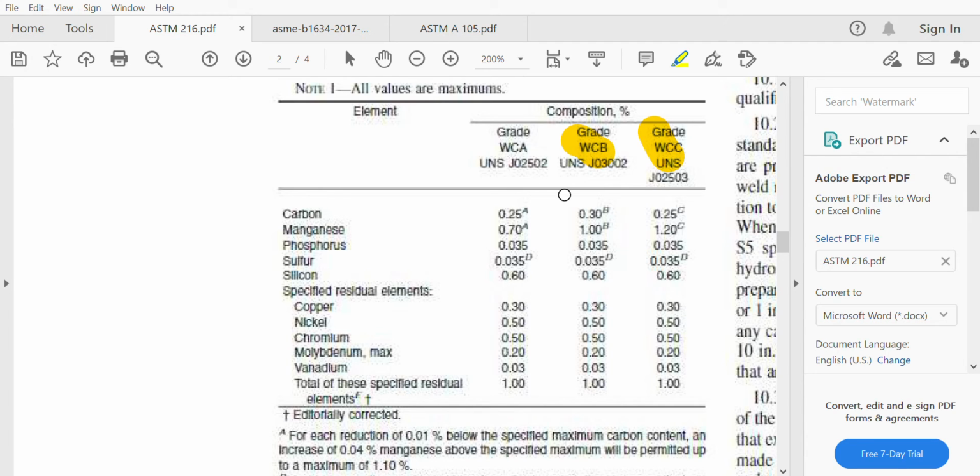As you can see, the carbon content in this case is 0.3 and here it is 0.25. So the carbon content in all three grades is almost the same.